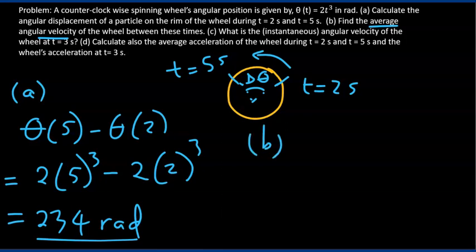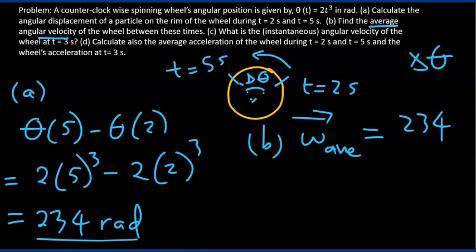Now, having found that, find the average angular velocity of the wheel between these times. So the average angular velocity is given by that 234, because that is the angular displacement, over the time interval, which is 5 minus 2. And the direction of this angular velocity is, of course, coming out of the board, so we are going to represent that with a dot.